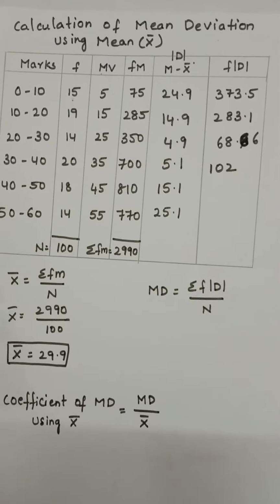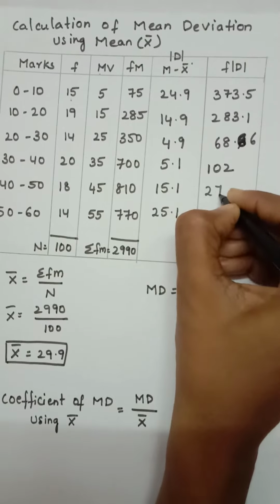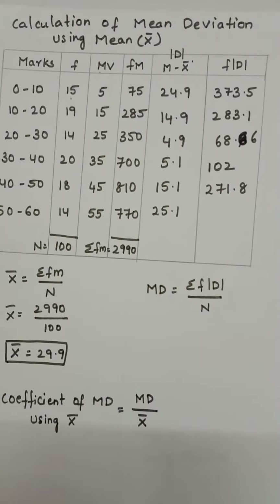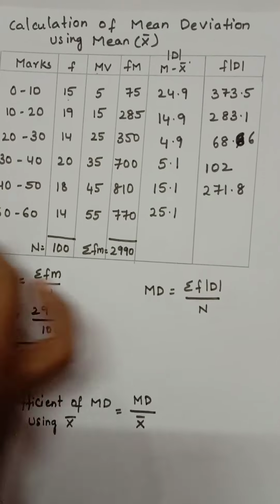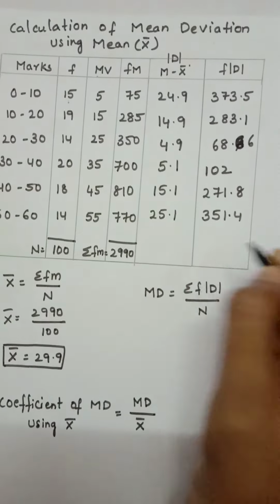Next 18 into 15.1 is 271.8. Next 14 into 25.1 is 351.4.